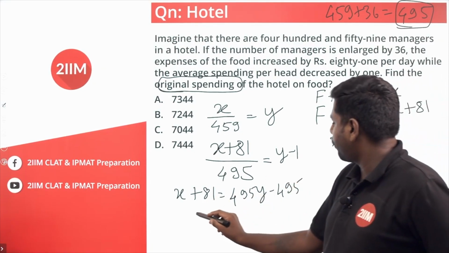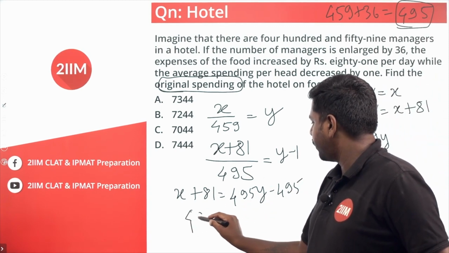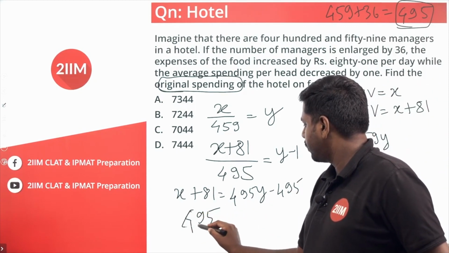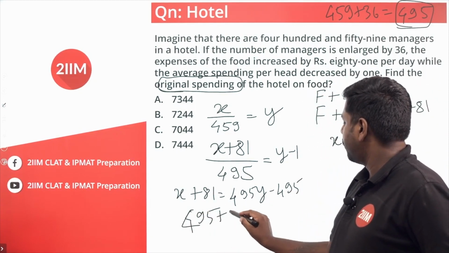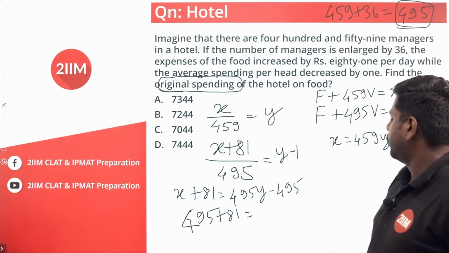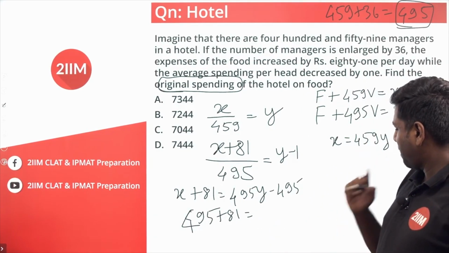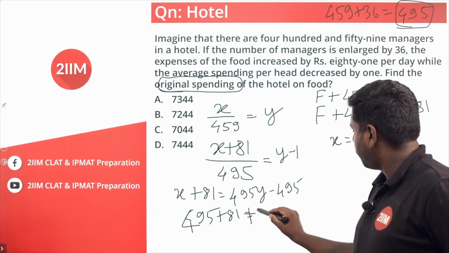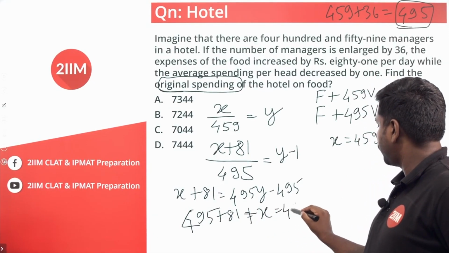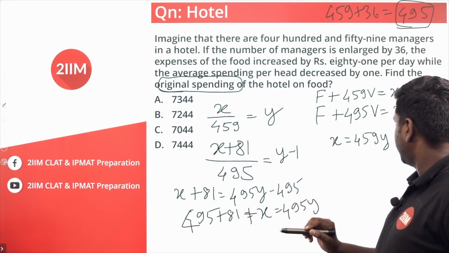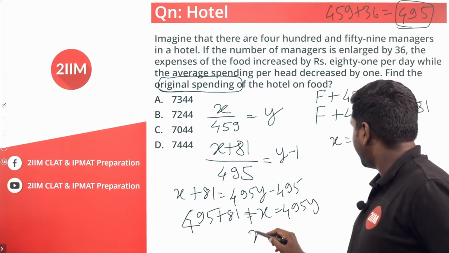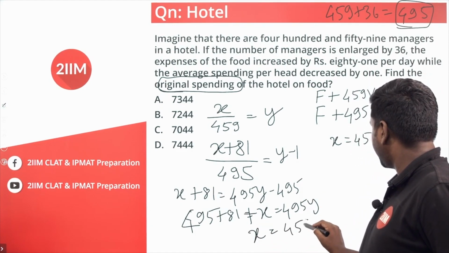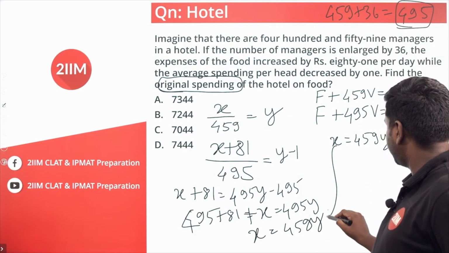Or I'll take the 495 this side: 495 plus 81 plus x is 495y. I can write the first as x is equal to 459y. I am bringing this equation here.